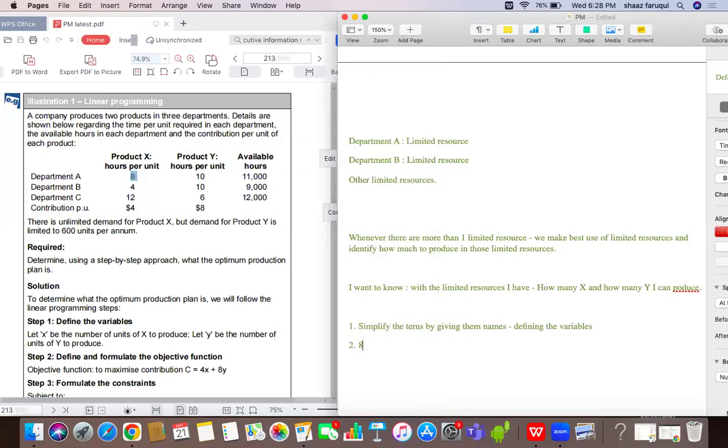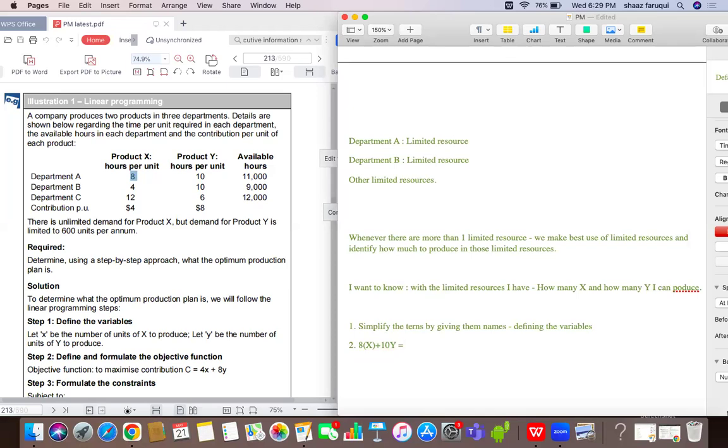And what did I say X is? X is the number of X's produced. So 8 hours for 1x needs to be multiplied with the number of X's that I will make to get the total number of hours. So 8x plus 10y will be the total time that I will spend. Each X takes 8 hours, each Y takes 10 hours. So if we multiply, that will be the total time taken.